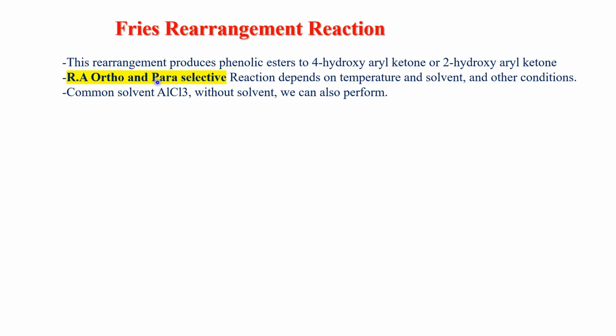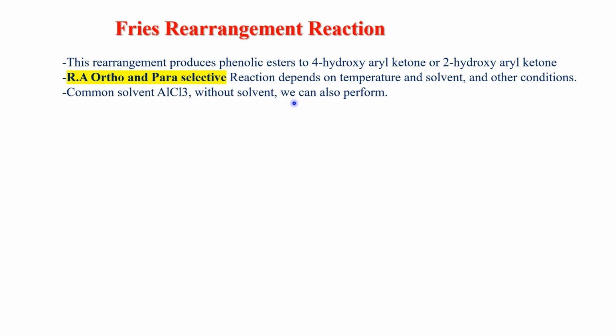This reaction is ortho and para selective, and it depends on the temperature, solvent and other conditions. We can perform this reaction in common solvents with aluminium chloride, a Lewis acid, and we can also try it without solvent.